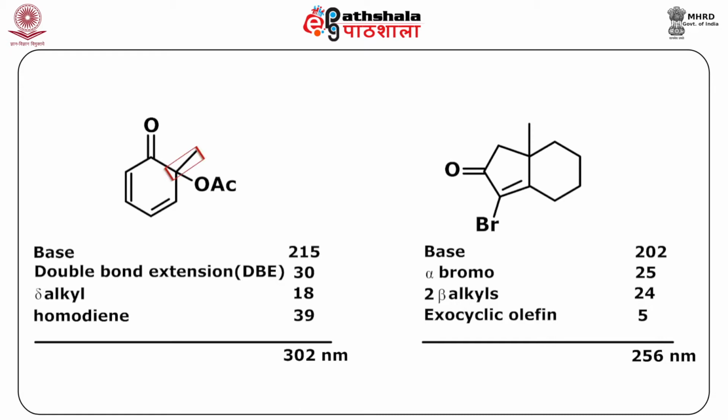The substitution of the alkyl group at the delta position adds on another 18 nanometers to the base value. The system is a homodiene system, therefore homodiene means we have the two double bonds in the same ring. Therefore, the value of 39 nanometers is further added. All of them added together gives us the lambda max as 302 nanometers.